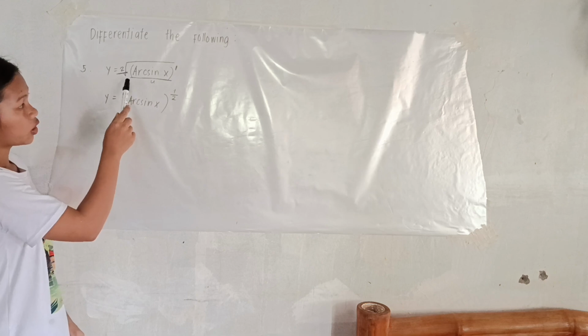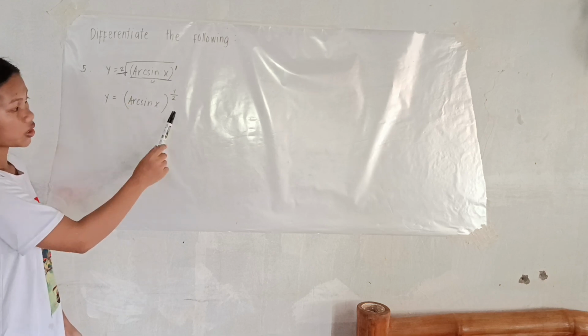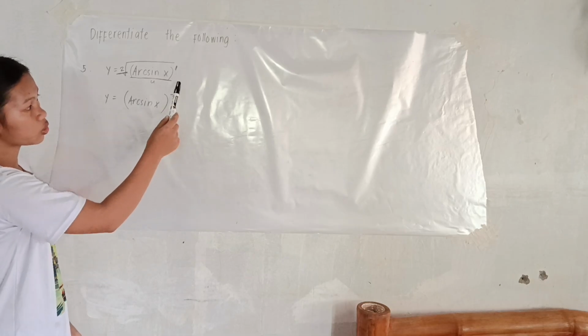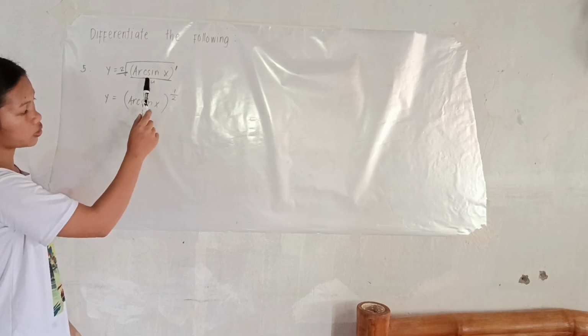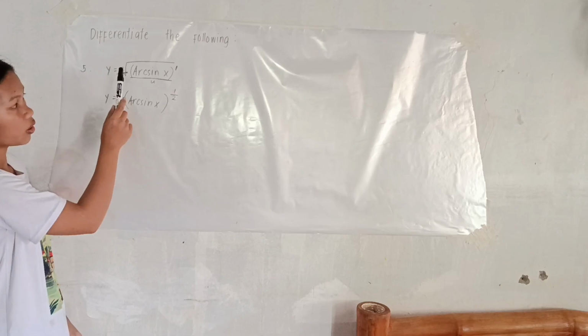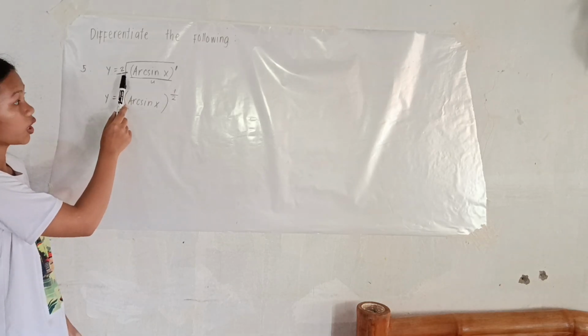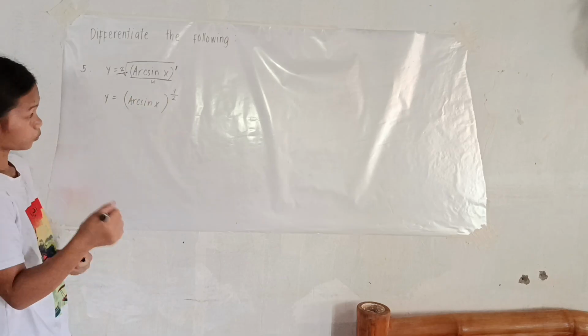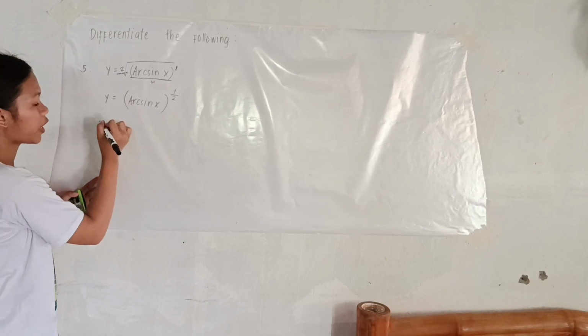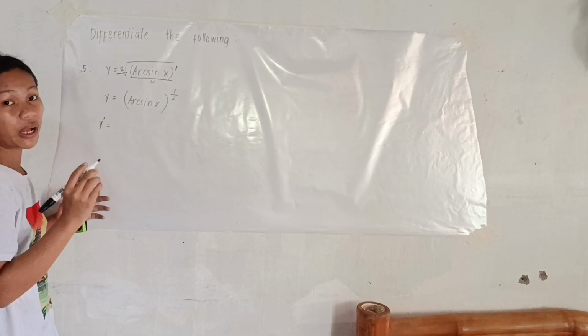Whenever a radical is involved, we can express it as a fractional exponent. The numerator is the exponent of u, over the denominator which is the index of the root. Here we can apply the power rule.